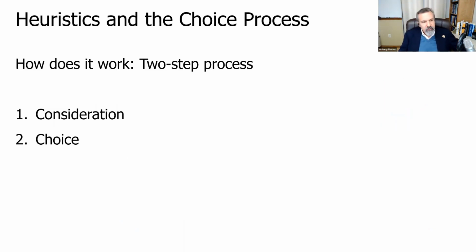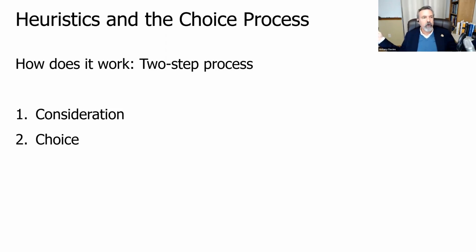All right, so let's talk about heuristics in the choice process. One of the ways that humans tend to use heuristics is in a two-step process. And this isn't with the dental floss and the gum, but this kind of thing you'll see with cars, with houses, with colleges, big ticket items where the cost of making a bad decision is huge.